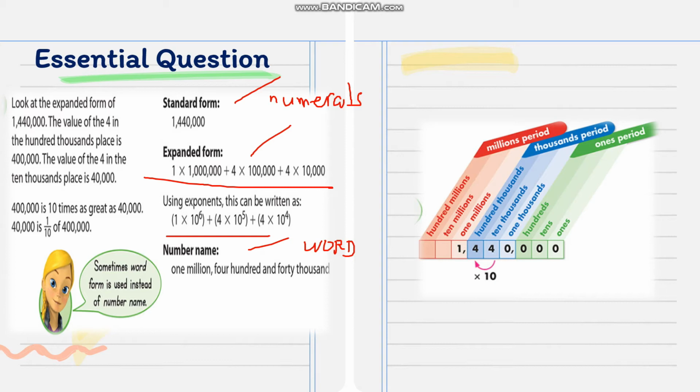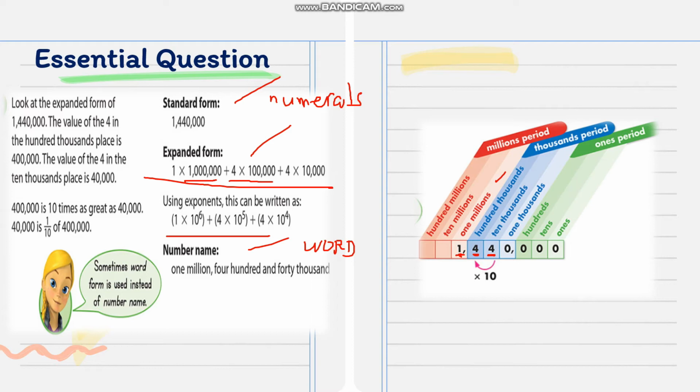Without the exponential form, to get the expanded form, you just simply find out the place value of the digit. So what is the place value of 1? The place value of 1 is million, so 1 multiplied by 1 million. Plus, what is the place value of 4? That is 4 multiplied by 100,000 because it's in the 100,000s place. What is the place value of the other 4?